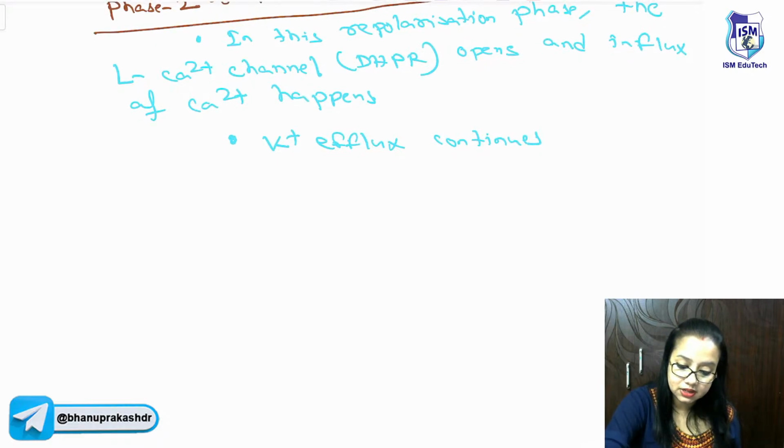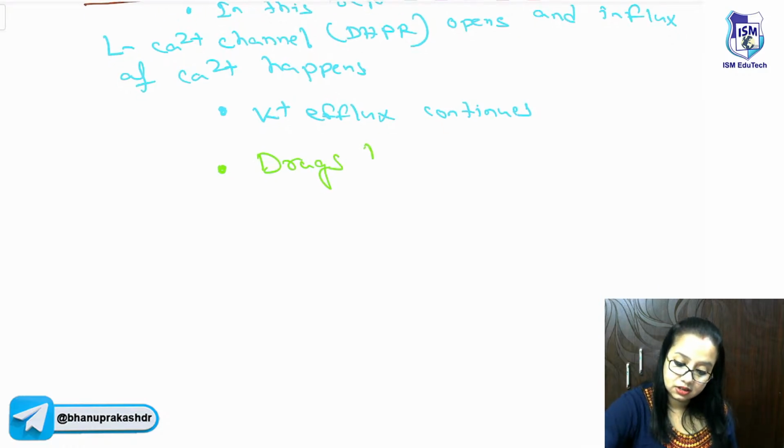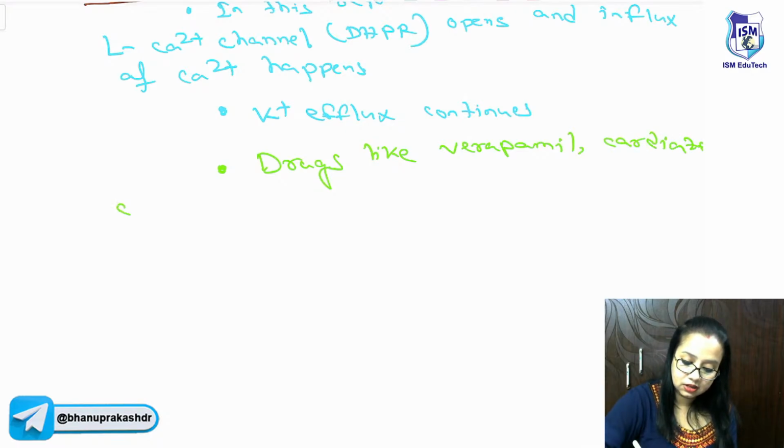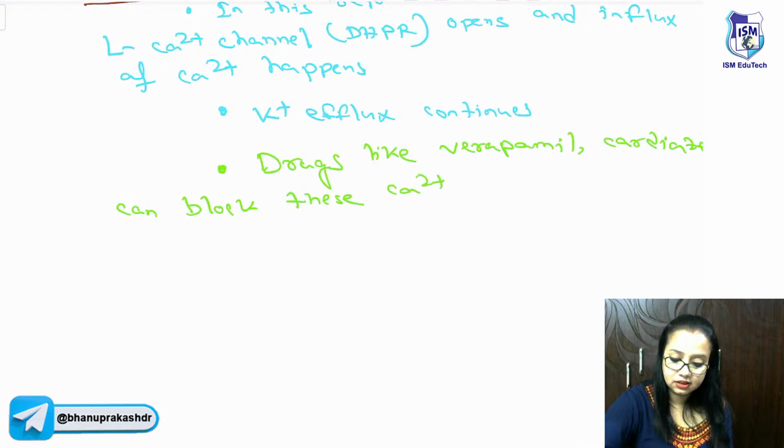Now, what implication does it have in the clinics? Drugs at this stage, drugs like verapamil, cardiac drugs, can block these calcium channels.